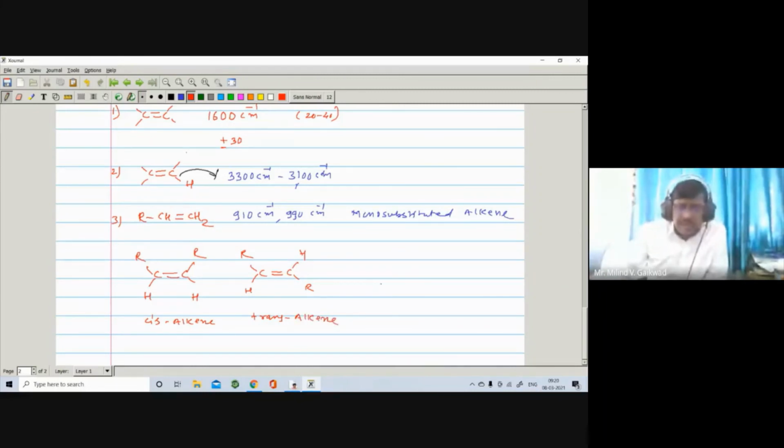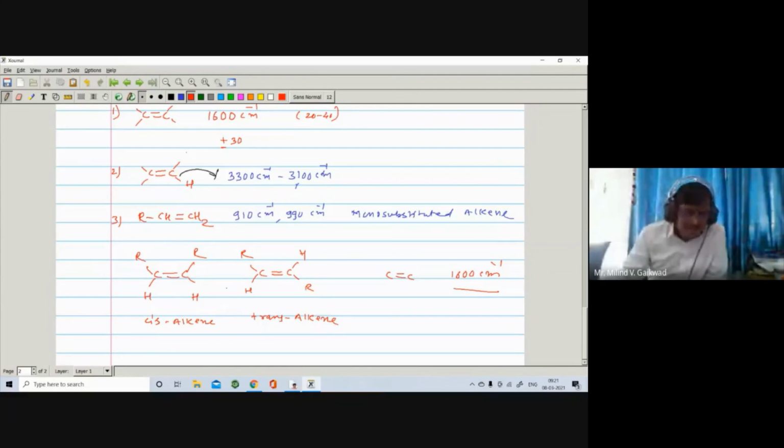Of course, the carbon-carbon double bond will appear at 1600 centimeter inverse somewhere. But now they have the same structure.